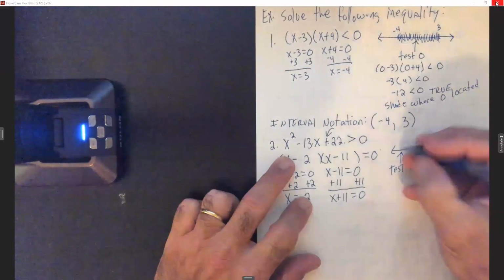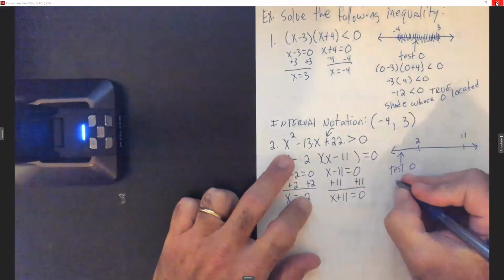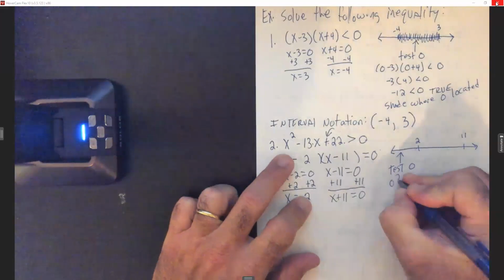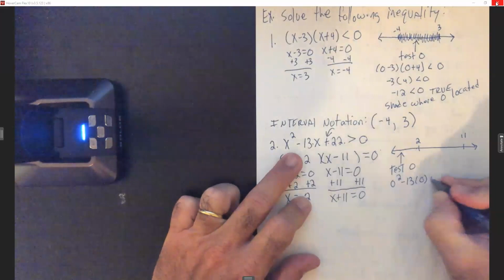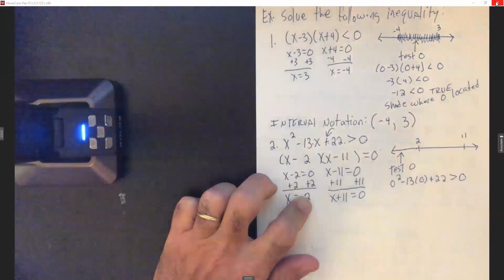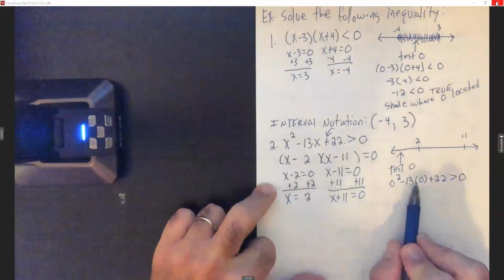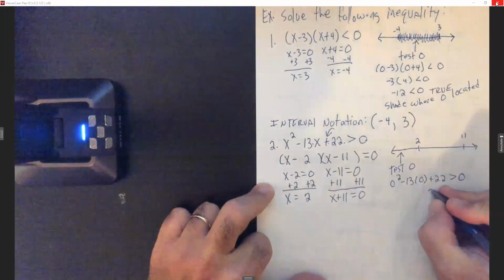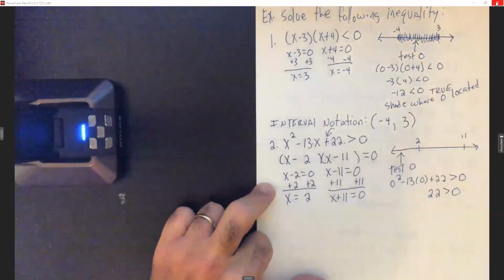So let's test 0. 0's in the first section, so we're looking to see if this is true or false. So I got 0 squared minus 13 times 0 plus 22 has to be greater than 0. We all look at that. 0 squared is 0. 13 times 0 is 0. So the question of the day is, is 22 greater than 0, true or false?